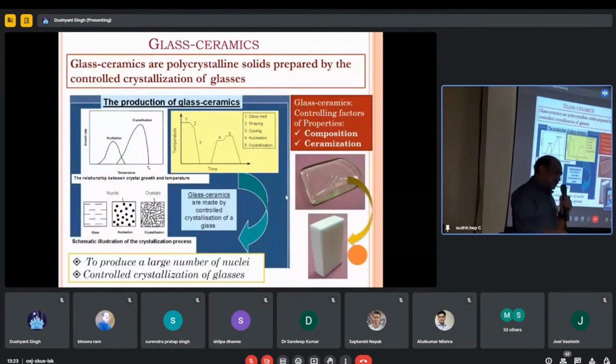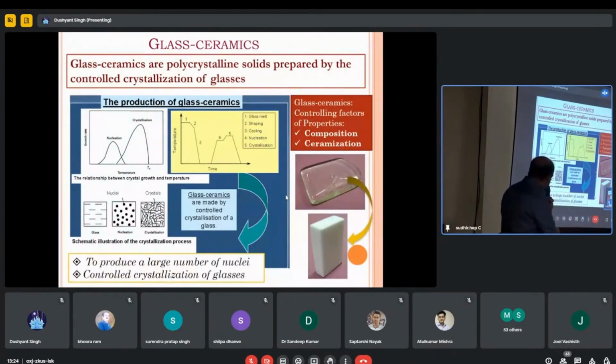So this is basically glass ceramics. I will give just a brief introduction. Glass ceramics is a polycrystalline solid prepared by controlled crystallization of glasses. Your starting material is completely homogeneous glass, and we give some thermal treatment to provide kinetic energy for nucleation and crystallization.